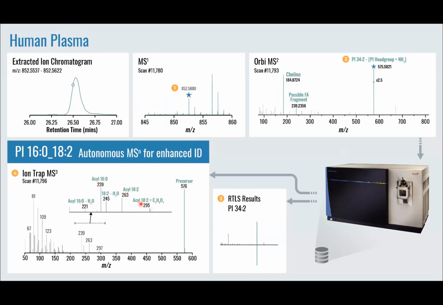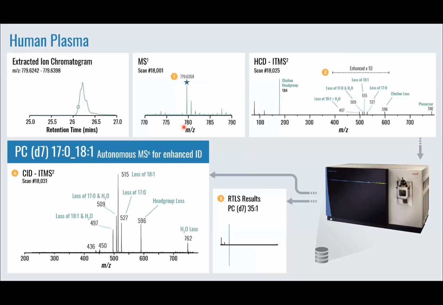And so we do, and we get chain length now. We learn it's a 16:0 and an 18:2 based on that triggered ion trap MS^3. Here's another one where the ion trap MS2 scan was mapped, and we triggered an autonomous MS^n that gives us the degree of unsaturation of the chain and tells us this has one double bond on it.